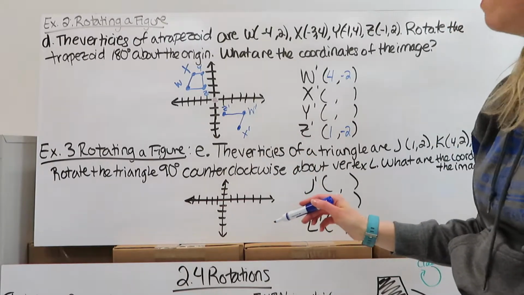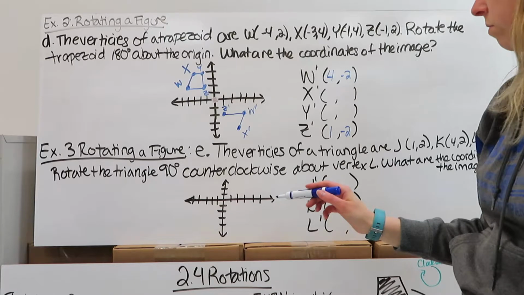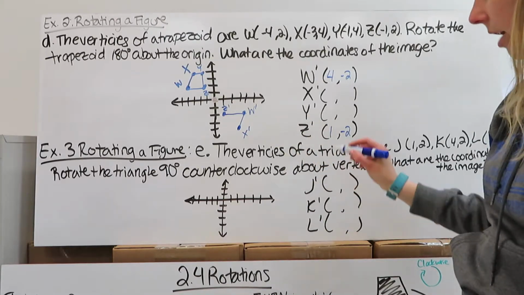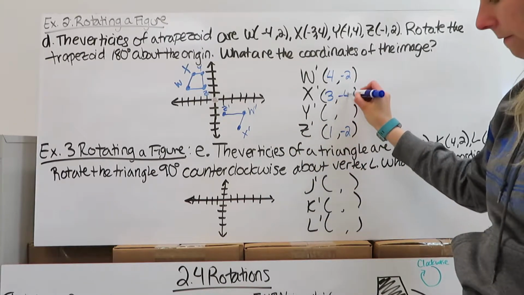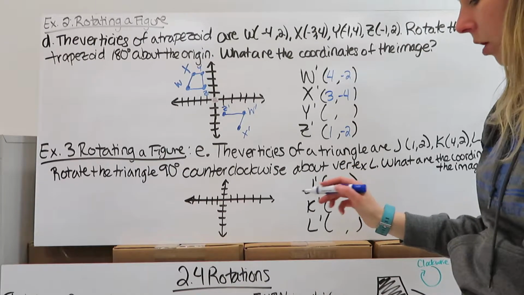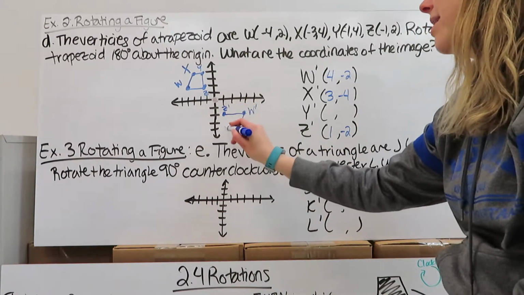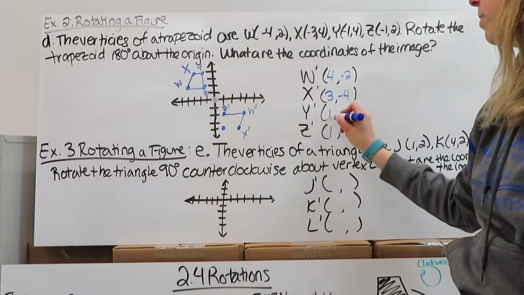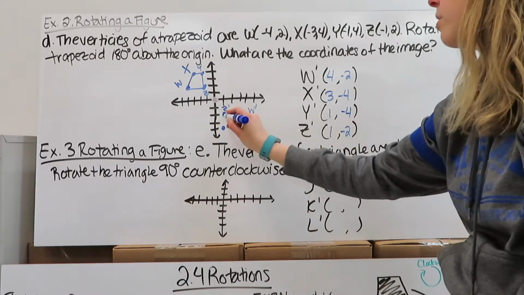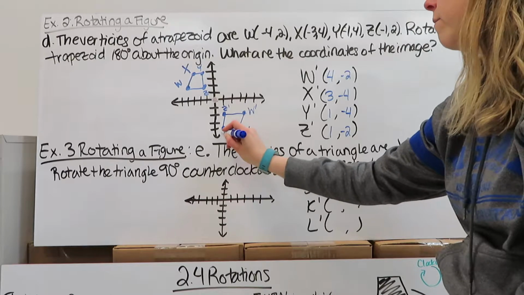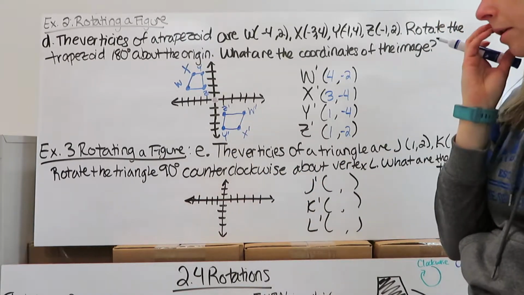X prime is (3, -4). Y prime, instead of going left 1 and up 4, I'm going to go right 1 and down 4. So right 1, down 4. That's going to give me Y prime.